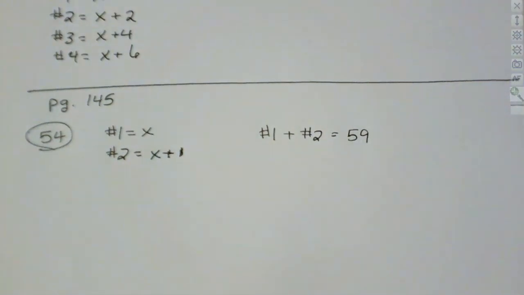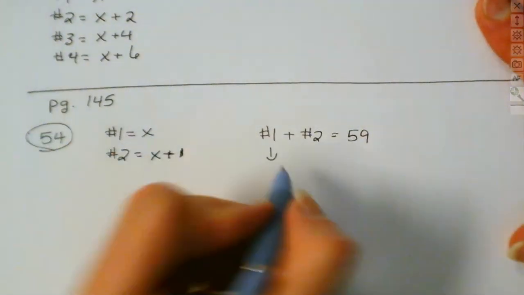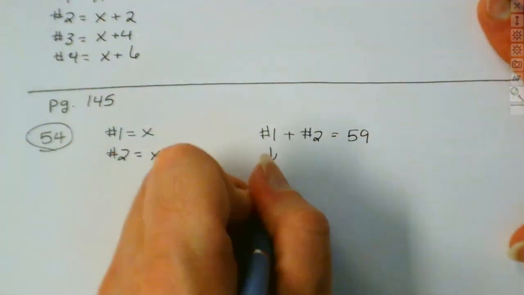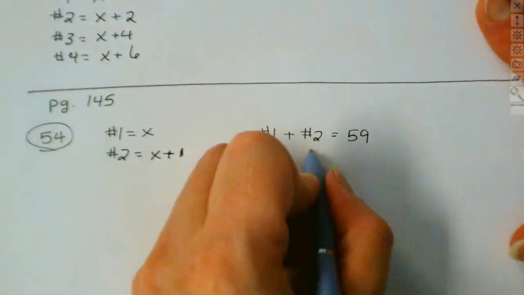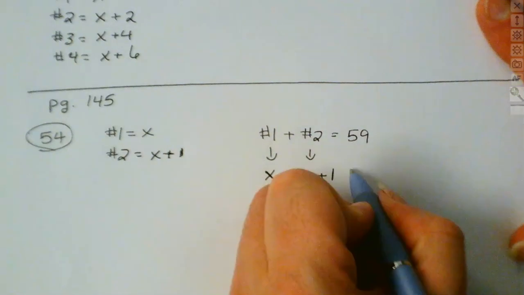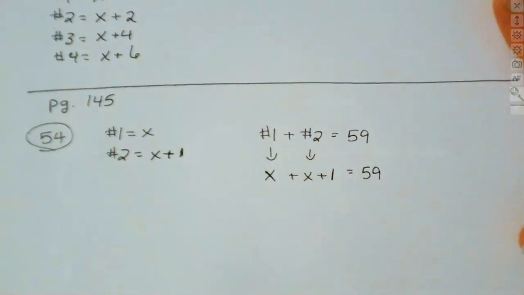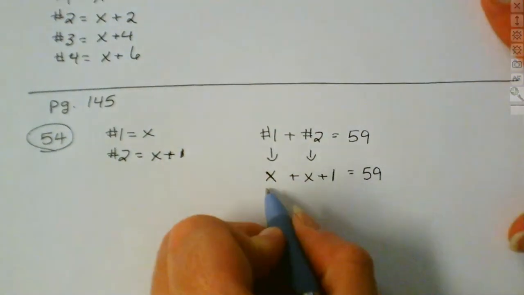Now we fill them in with our variables. So integer number 1, that's going to be x. Integer number 2, that's x plus 1. And what is that total equaling? 59. Add them together. Always do that first.